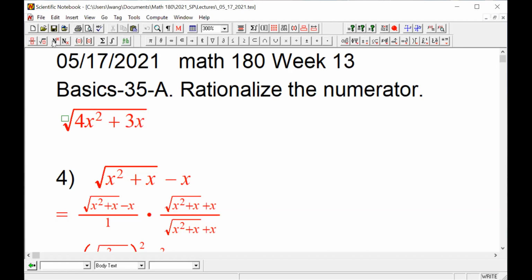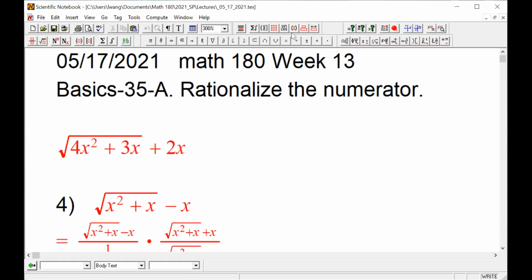Plus 3x, plus 2x. And it's an x approaching negative infinity situation. So it's x less than 0, and x is approaching negative infinity.